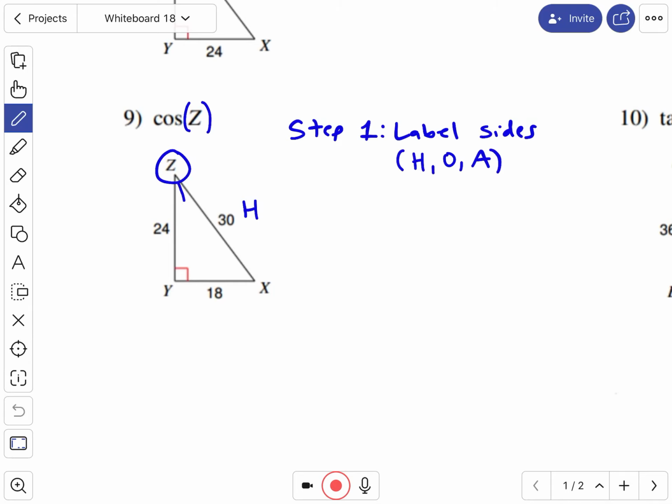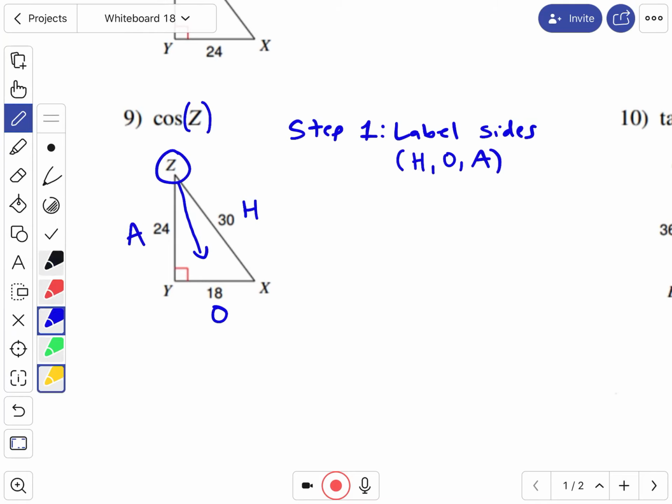So if I draw an arrow across from it, that's going to be this side that's 18. So that's going to be O. So O is always across from the reference angle. And then by the process of elimination, our third side over here is our A, which is adjacent. Okay, so that's step 1.